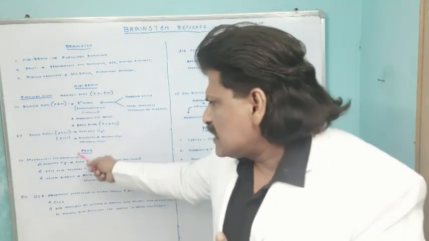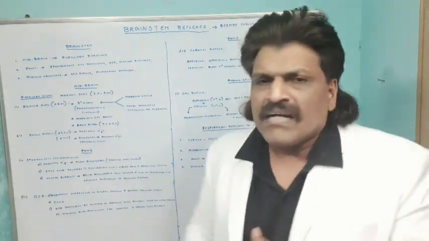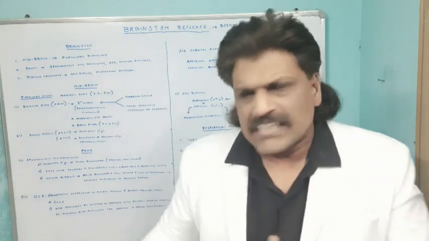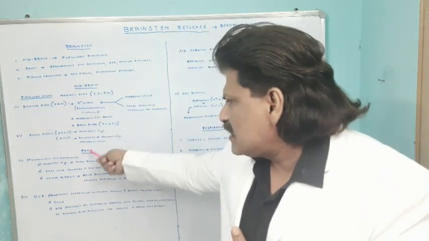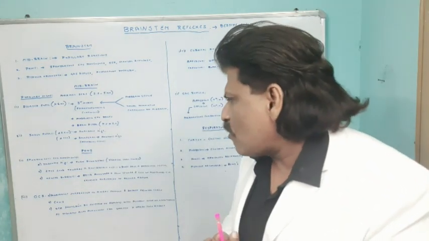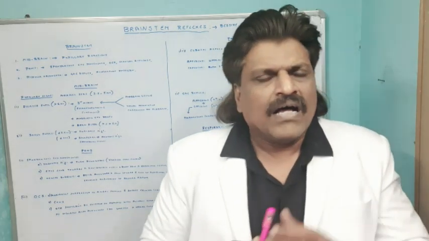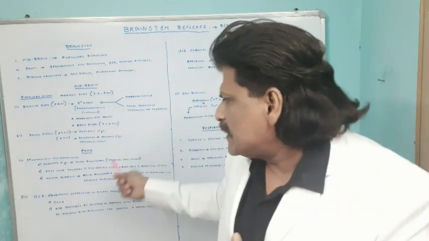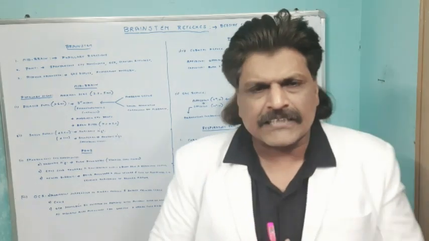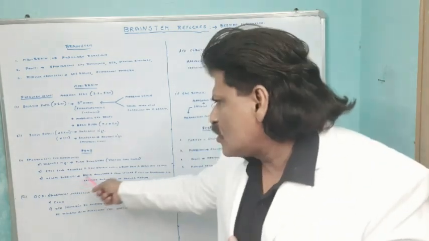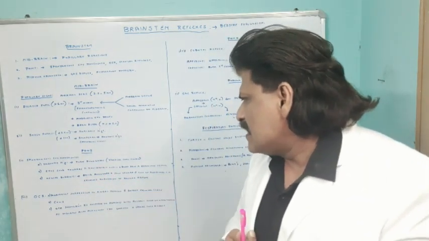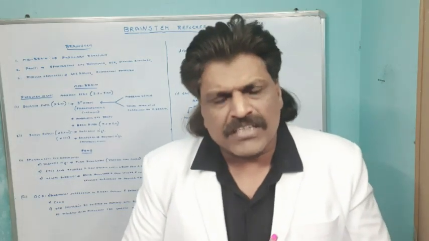It is primarily seen in thalamus and midbrain, but if it extends, then it can be seen in the other parts of the brainstem also. The second important spontaneous eye movement is eye looks towards the hemispheric side and away from the brainstem lesion.